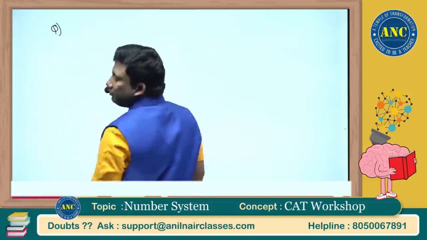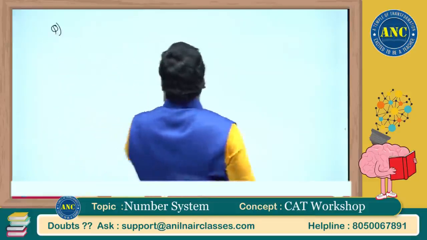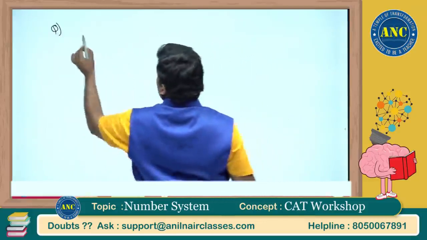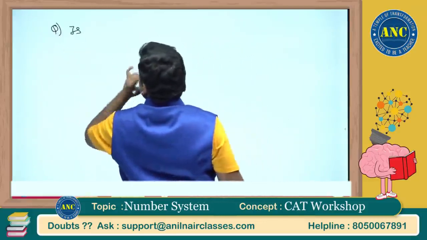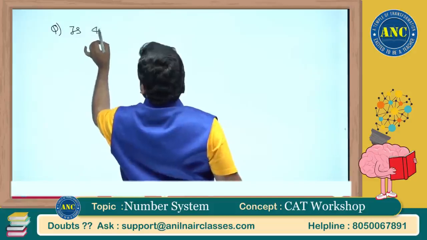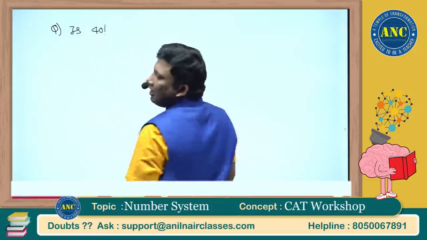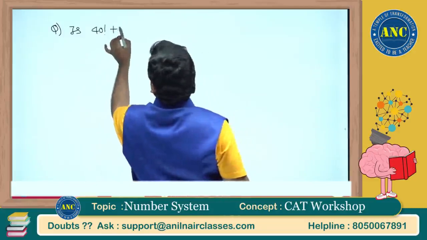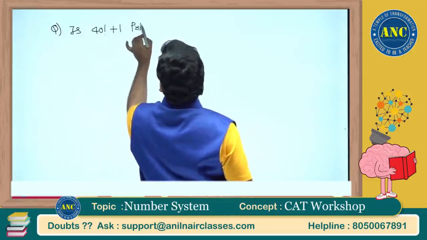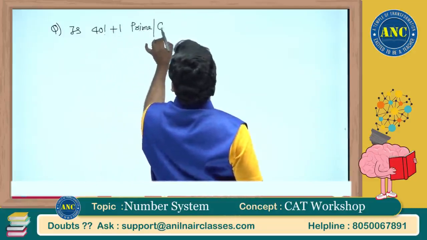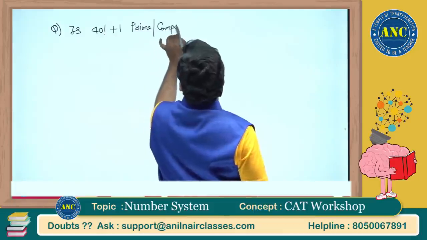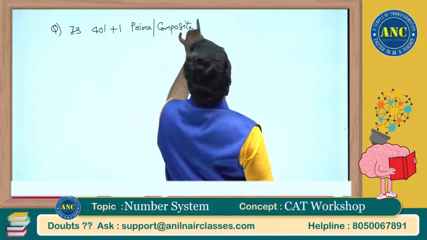Listen carefully. Before that, the question is: is 40 factorial plus 1 prime or composite?